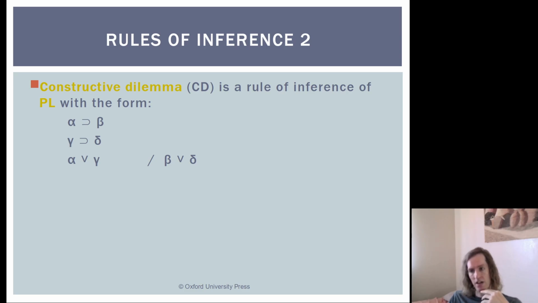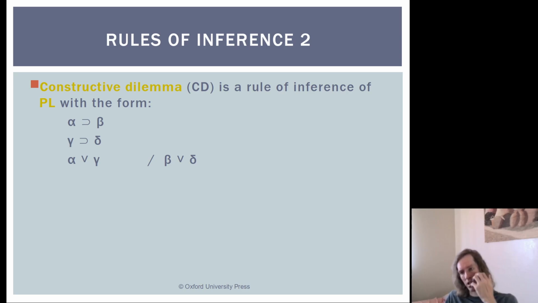First, we have if alpha, then beta. Then we have if gamma, then delta. The third thing that we need is either alpha or gamma as its own line, as its own premise. From this, we can conclude beta or delta.